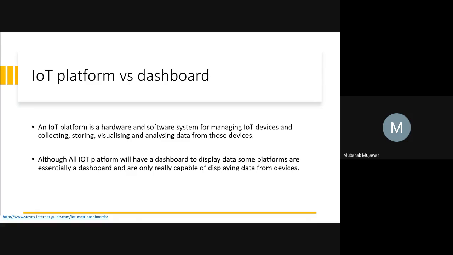Now, most of the IoT platforms will have their own dashboard to display the data, but some of the platforms are essentially, as I mentioned earlier, just dashboards. They do not perform any of the actions such as collecting, storing data, as well as analyzing the data. They are just used for displaying the data. And that is the major difference between a dashboard and a platform.